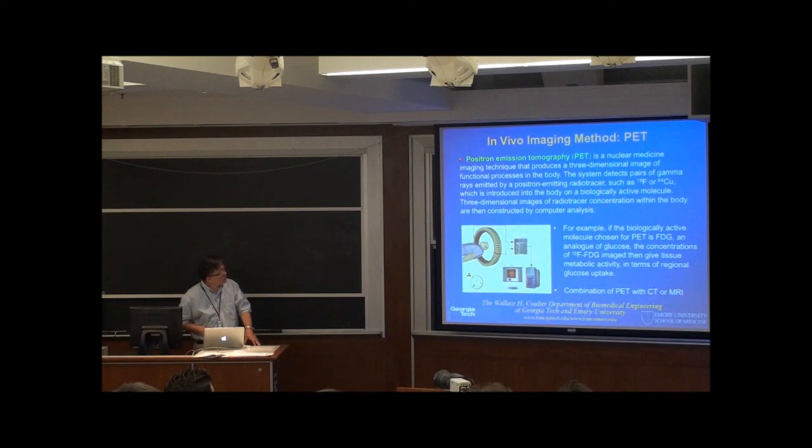So the three-dimensional images of the radio tracer could reflect specific functions of the biological process in the body. So in a way, although MRI and CT are mostly about the morphology of the tissue, PET is mostly about the functional states of the tissue.